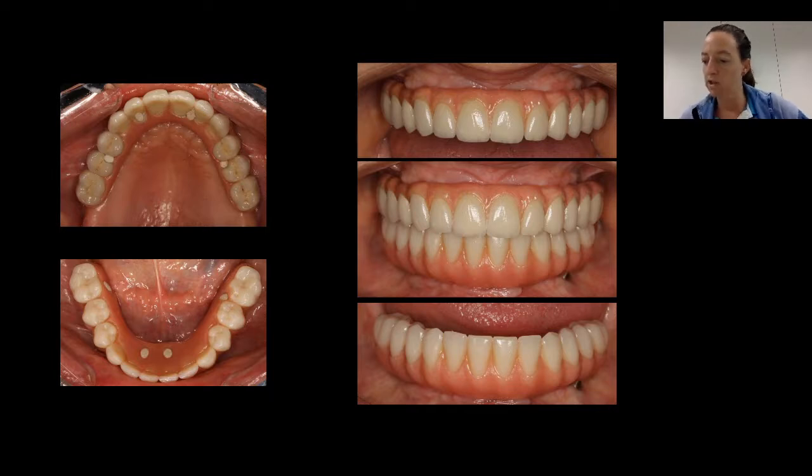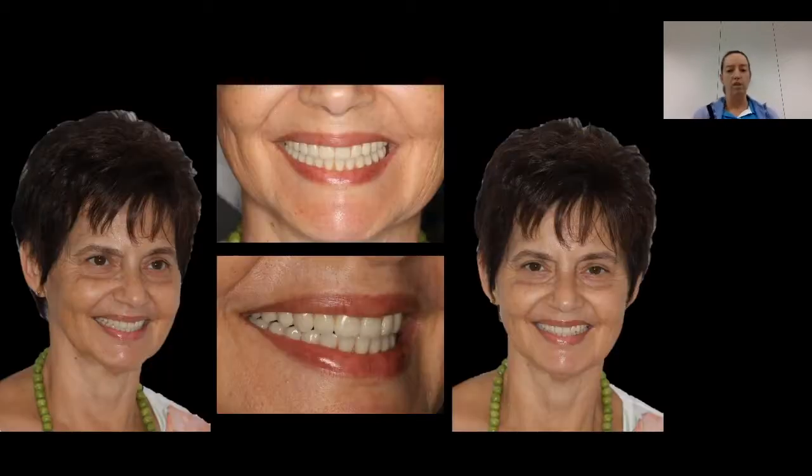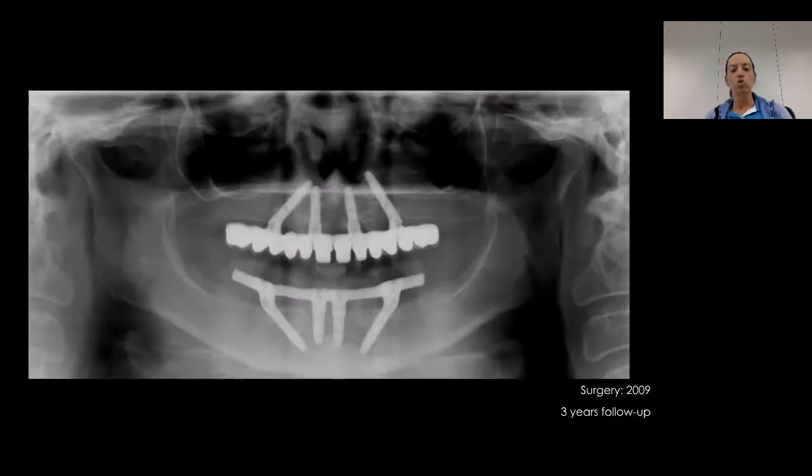Yes, so Alex, you were talking about possible complications that we might have. One of the most common complications, which are not complications at all, is when we lose one of the implants. Imagine that you lose one of these implants. Basically, the solution is to do another one.